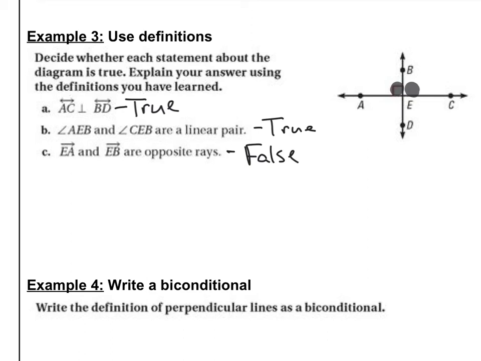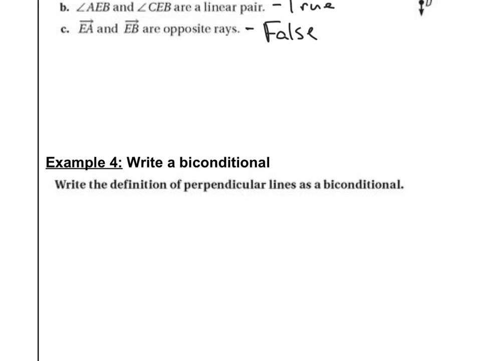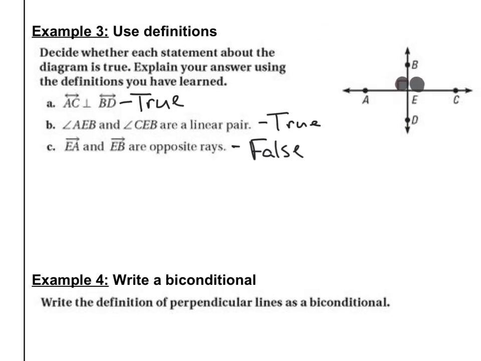In order then for them to be opposite rays, we'd have to have EA and EC, or EB and ED. So because we had this one and this one, we're going to call that false. Okay? And we're just starting to get into the habit of using definitions to prove what we do and do not know about certain things.